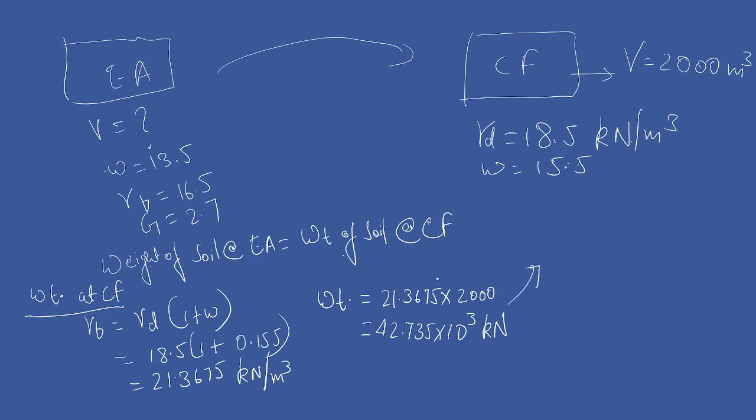With the help of this weight we are going to calculate the volume. Gamma bulk here is already given, so the volume at the compacting field site will be given as the weight, 42.735 into 10 to power 3, divided by 16.5 kilonewton per meter cube.